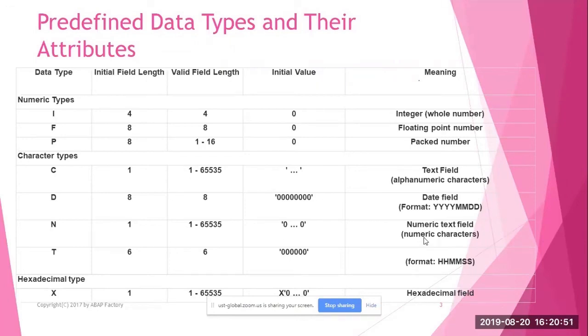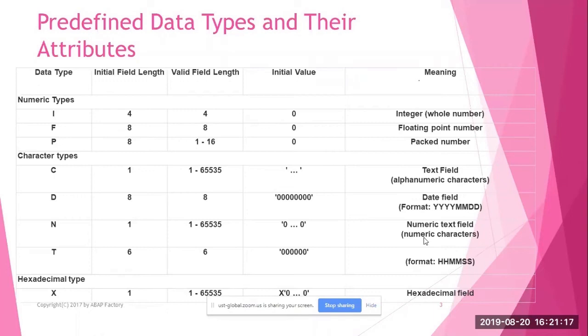The floating point is also numeric data, but it is a kind of scientific form of the numeric values, you can say exponential values, all those things will be there, right? So if you want to store that kind of data in a variable, you can use the F data type.